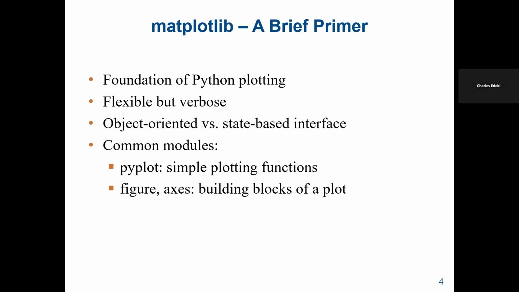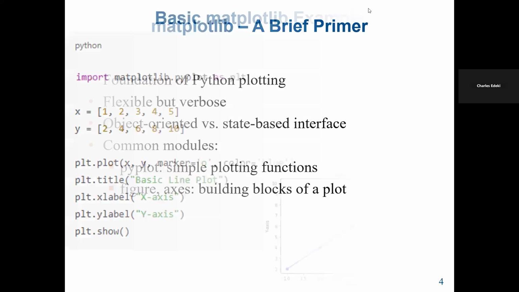The two main interfaces are the state machine, which is pyplot, similar to MATLAB, and the object-oriented one, more flexible and recommended. The key objects here are the figure and also the axes. They are the building blocks of a plot.